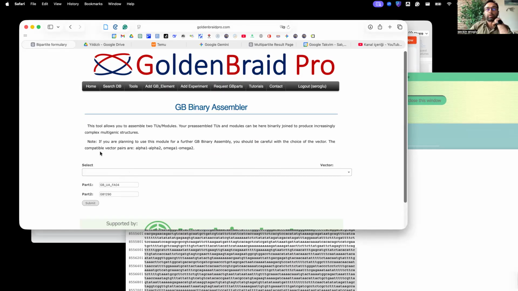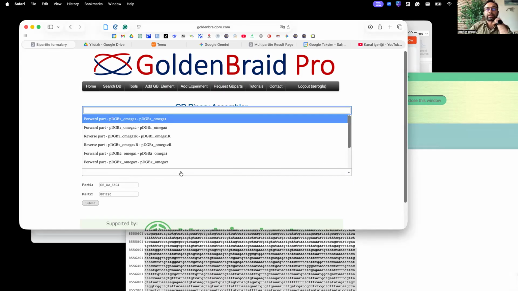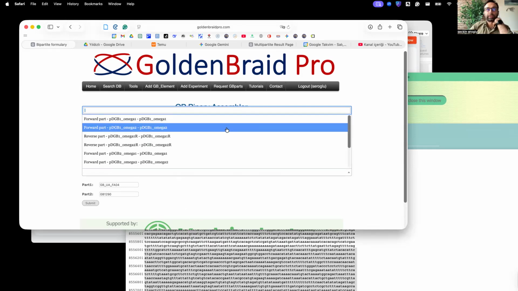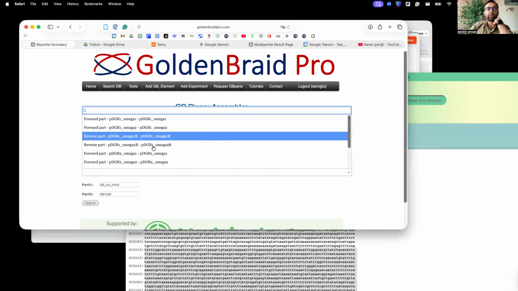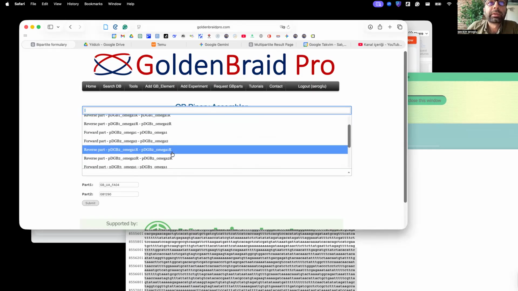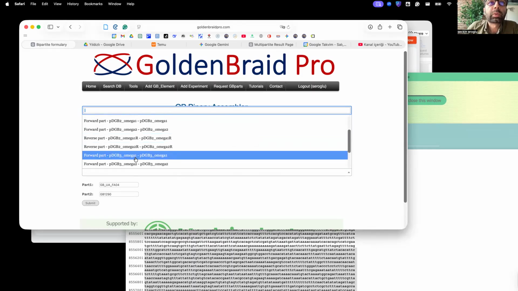So we had alpha 1 and alpha 2. Now it asks us which vector. So we also have omega 1 and we should clone it into omega 1. So which omega 1 do we have? I think this one, omega 1, but I will make sure that ours is this one.